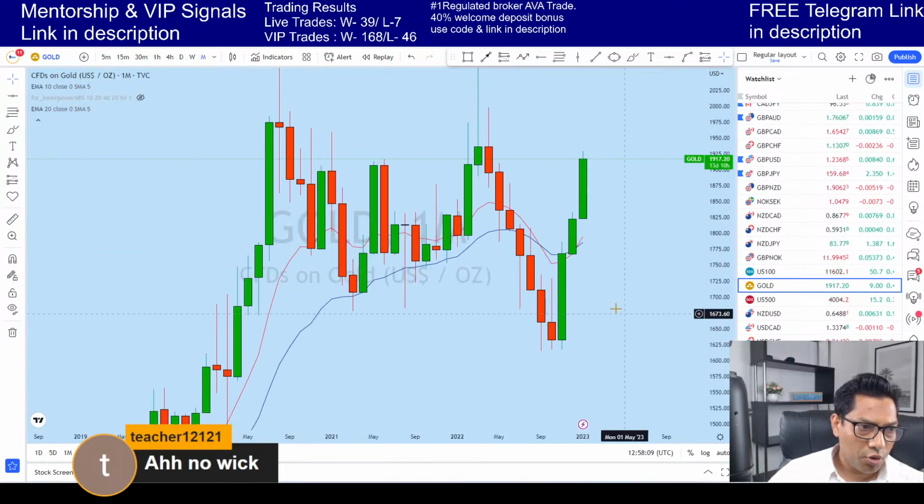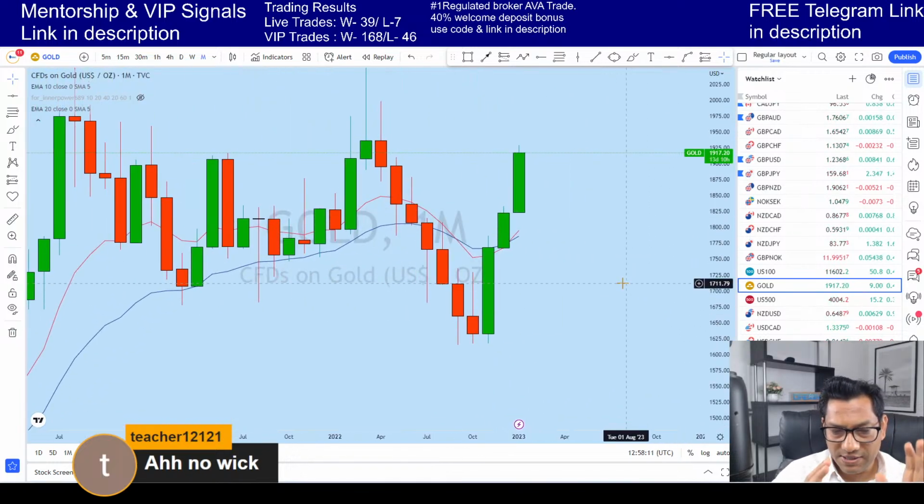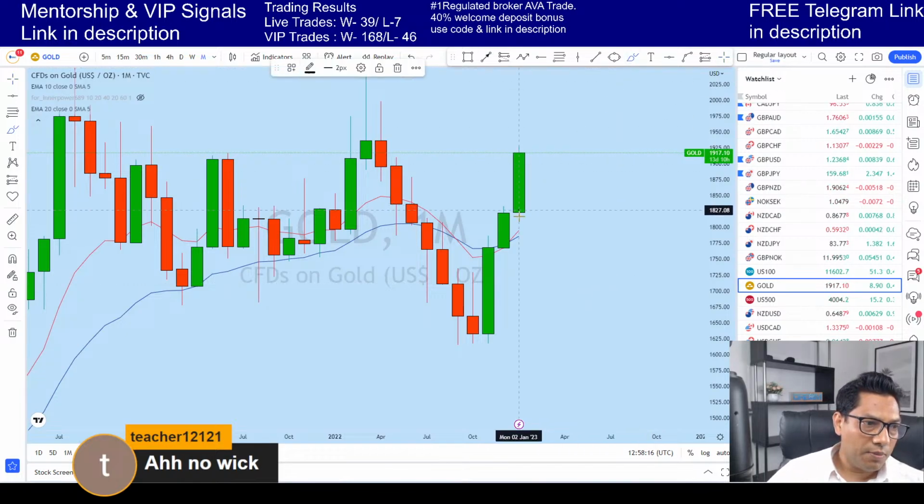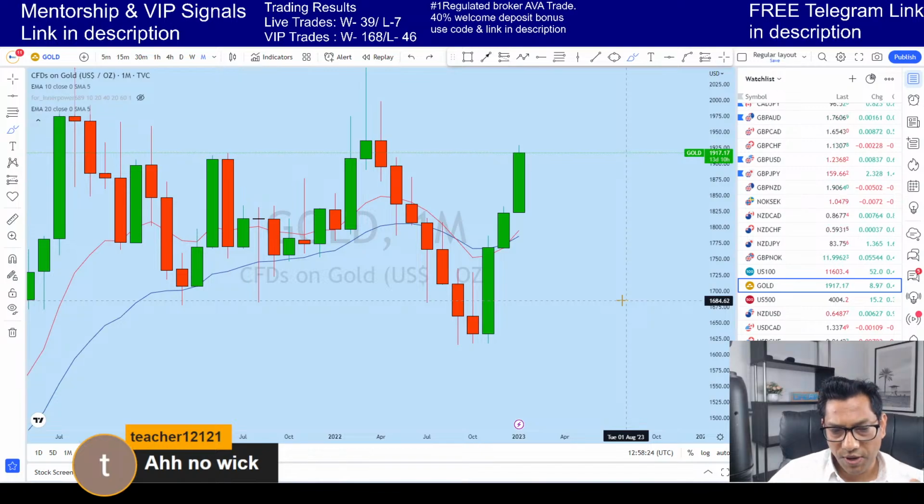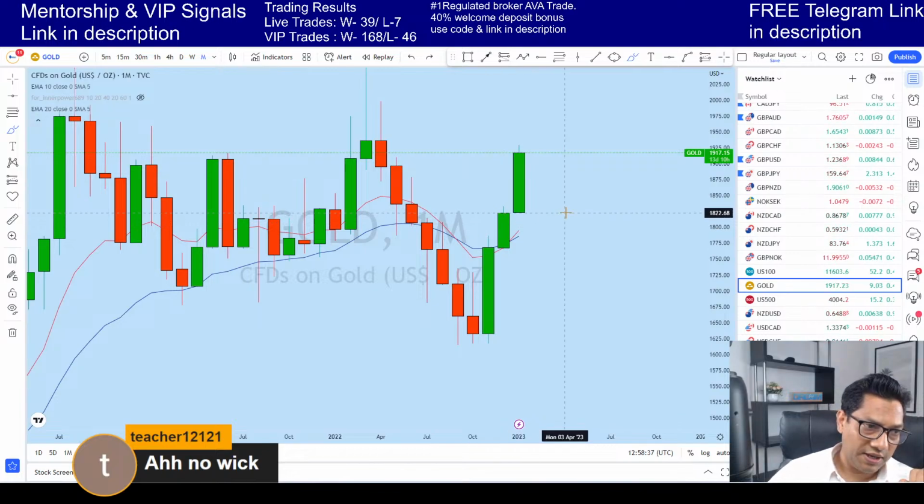Why it is so important is because it's a battle between buyers and sellers. No wick means there is no effort from the sellers. So when the monthly opened, as soon as it opened there was a lot of buying, panic buying you can say. Everyone wants to buy, so that means there is a lot of demand for this instrument at that level.